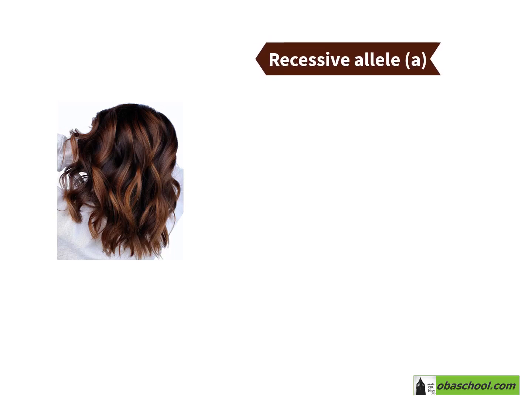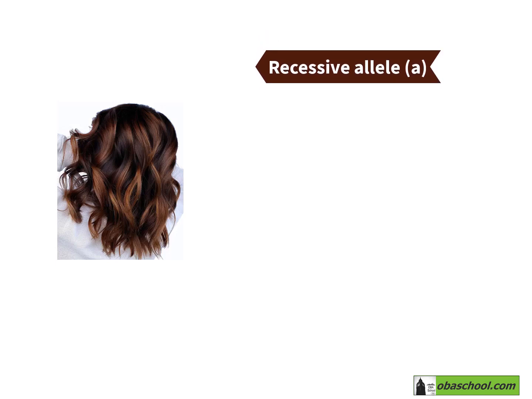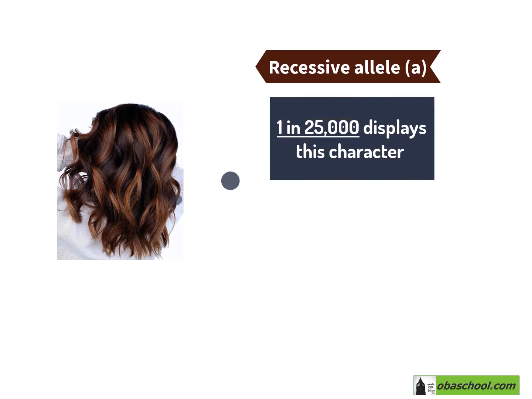Now, let's assume that the brown hair characteristic is a result of a recessive allele, small a. And we know that one person in 25,000 displays this character.